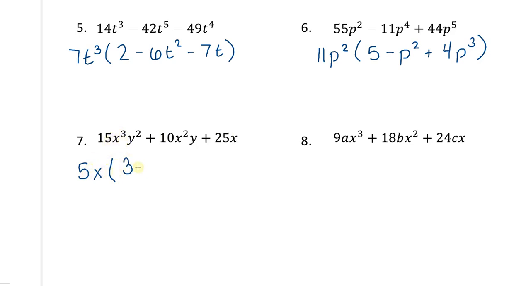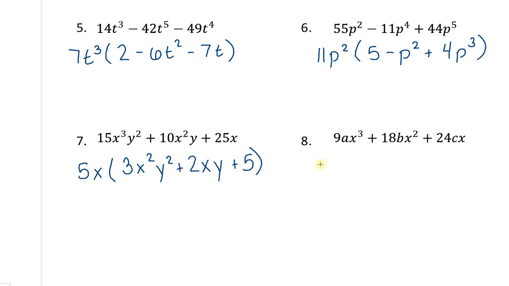X to the third and x, we get x squared. Don't forget to bring down your y squared. Then 10 divided by 5 is 2. X squared divided by x, we're left with x, bring down the y. 25 divided by 5 is 5. X and x cancel out.